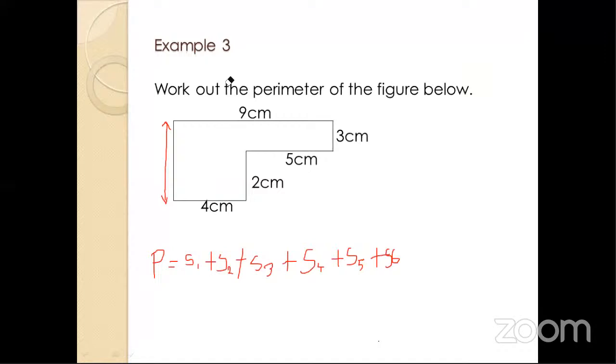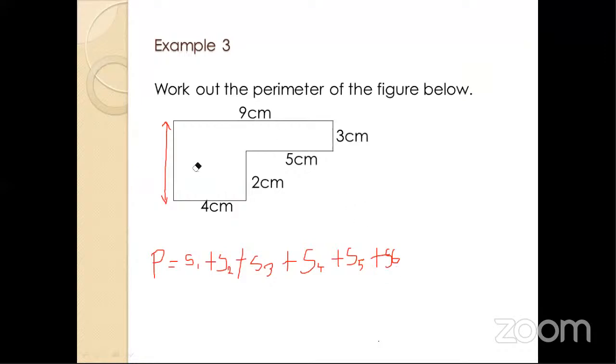Patience? Teacher, we get 9 centimeters plus 3 centimeters plus 5 centimeters plus 2 centimeters plus 4 centimeters. Yes, but if you realize, this side also we have to add, the side which they have not given, because it is side 6.